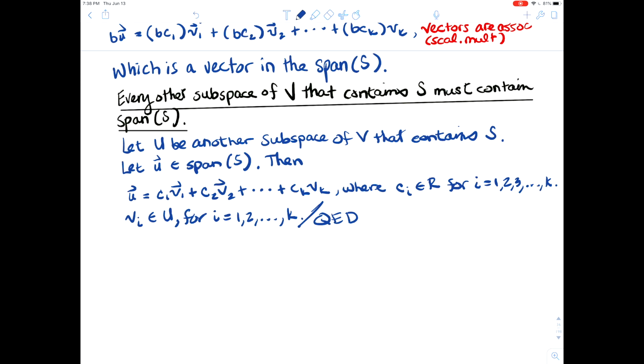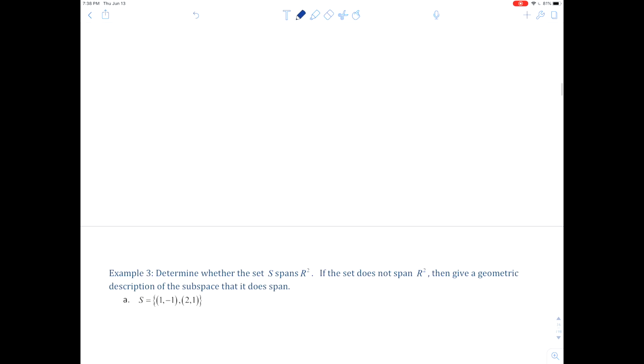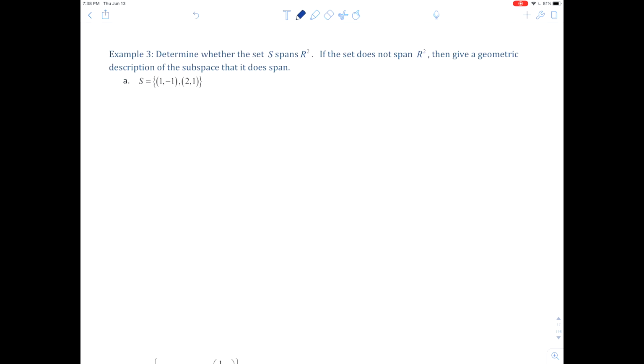Cool, cool? All right, so next up we have another example, example 3. For example 3, we want to determine whether some set S spans R2. Well, we do it just like we did before.